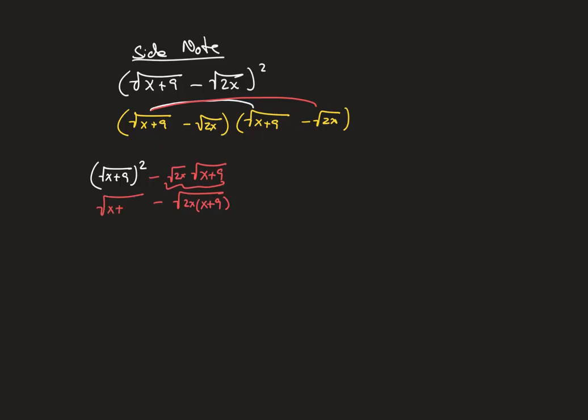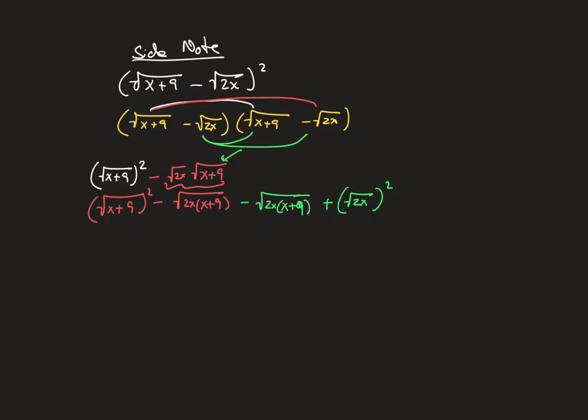So I'm just going to bring this down. Okay, and then we're ready to distribute out the next term. So we have negative square roots of 2x times the square root of x plus 9 would once again be basically the same thing here. So I'm just going to rewrite that, since it is the same multiplication, just with two different terms. And then negative square roots of 2x times negative square roots of 2x would be positive square roots of 2x squared.